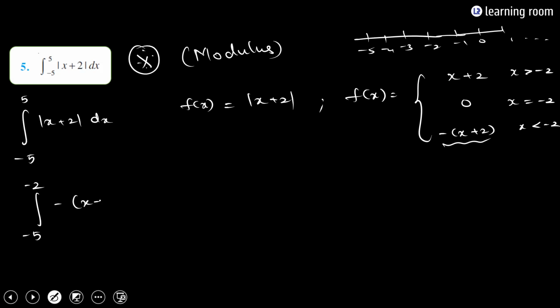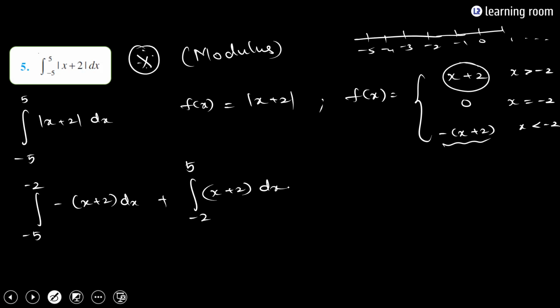Minus of x plus 2 dx, plus from minus 2 to 5, what should I take the value as? I should take it as x plus 2 dx. Do you understand why?